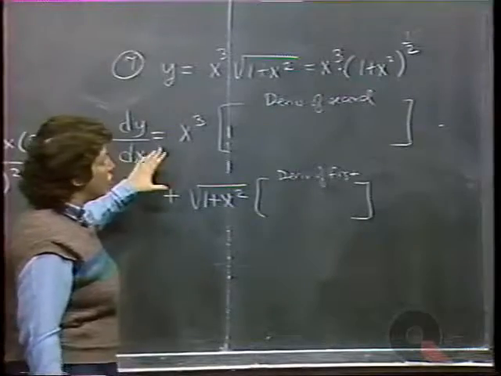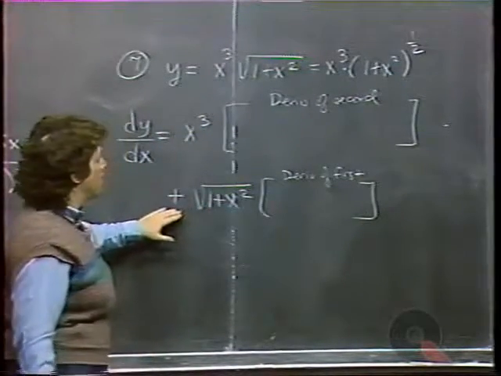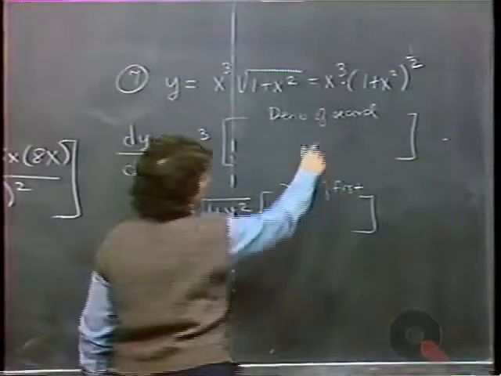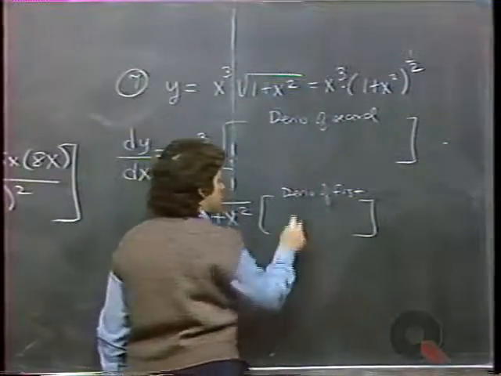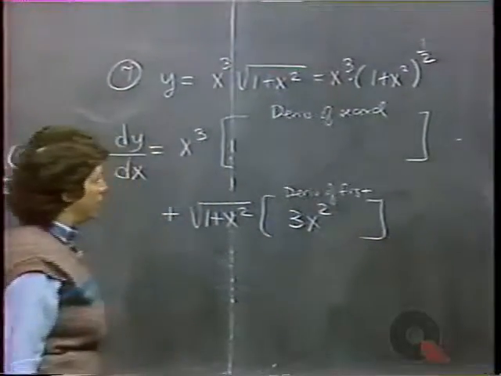Okay? We're going to use the product rule. It's going to be the first function times the derivative of the second plus the second function times the derivative of the first. Okay, well, the derivative of the first is easy. The derivative of x cubed is just power x to the 1 less power, or 3x squared.